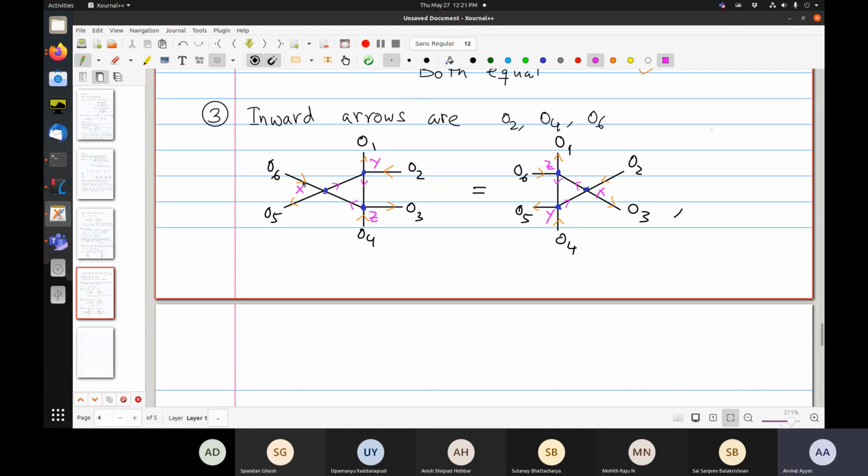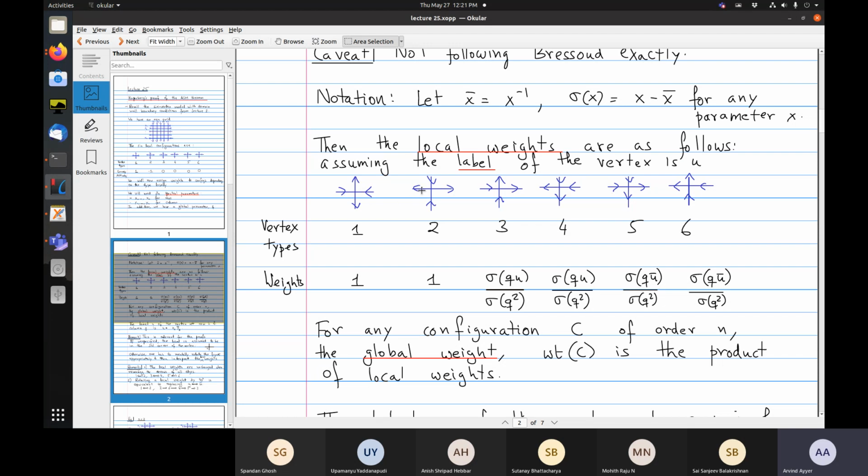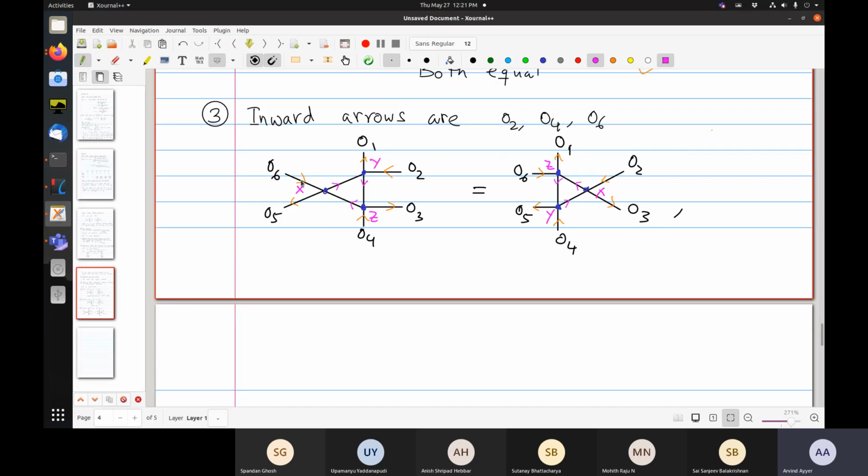So each of them, you notice, has weight 1 over here because they are all of types either 1 or 2. So both incoming horizontally, both outgoing vertically, both incoming horizontally, both outgoing vertically, both incoming vertically, outgoing horizontally.